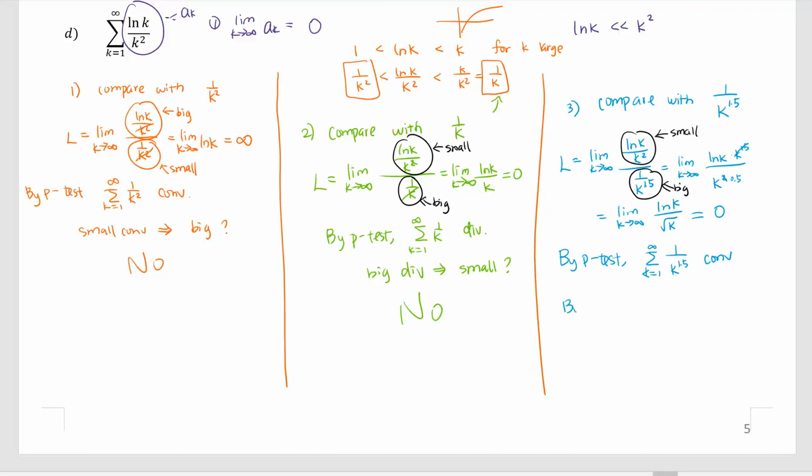Okay, then by the limit comparison test, now the big guy converges. What can you tell about the small guy? The small guy also converges, so that's why our series a sub k also converges. Yay, we figured that out.